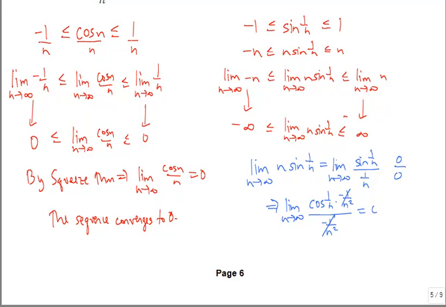So what we're looking at here is the limit as n goes to infinity of just cosine of 1 over n. 1 over infinity goes to 0, so this part goes to 0, and the cosine of 0 is 1. So this limit does exist, and it equals 1, so this converges to 1.